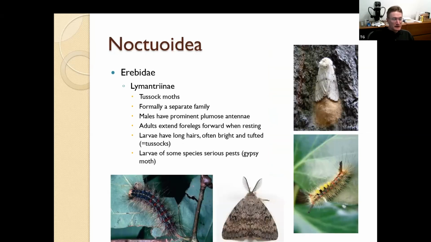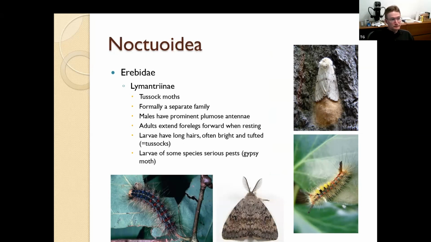The Lymantriids are another group that used to be a separate family. These are now under the Eurybids, and these contain one of the most important pest species, the gypsy moth. You can see here's a male down here, and here's a female up here laying eggs. This is an egg mass below the female.